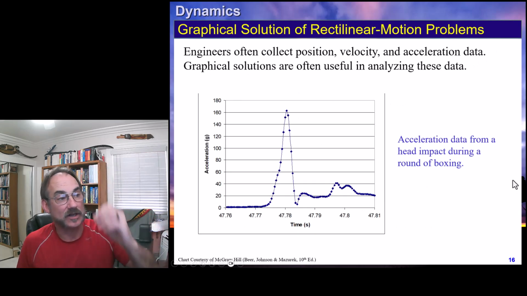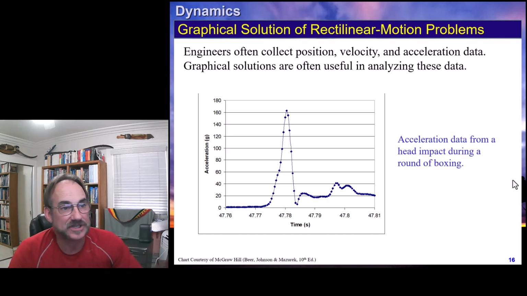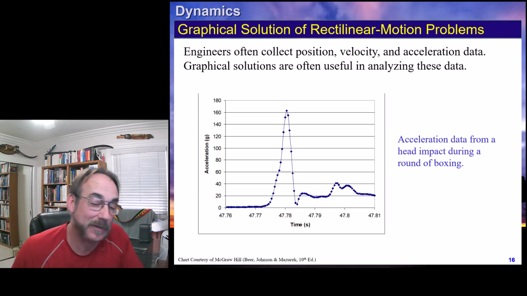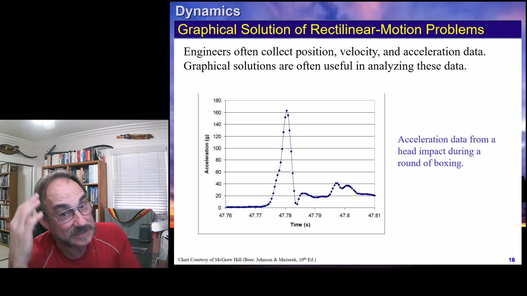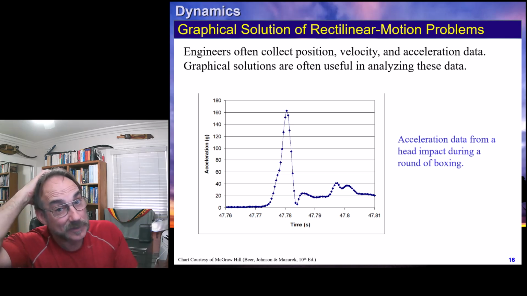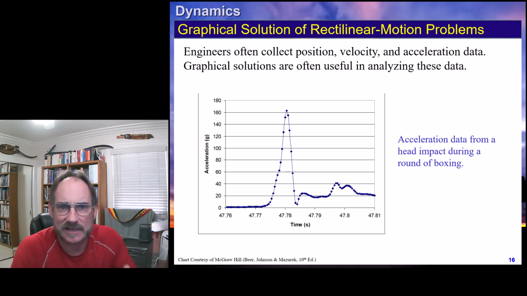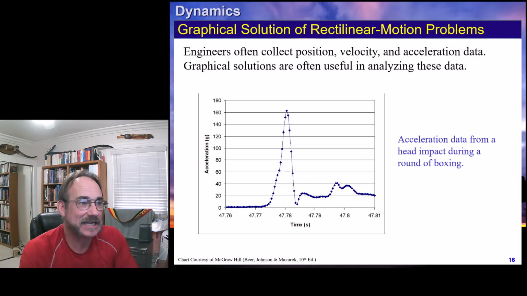This is a cool little graph. This is showing acceleration versus time, allegedly from a round of boxing, from a head impact. Those of you that have been hit in the head know how this feels. In fact, I still have three staples in my head from a lift at the snowboarding just last weekend.